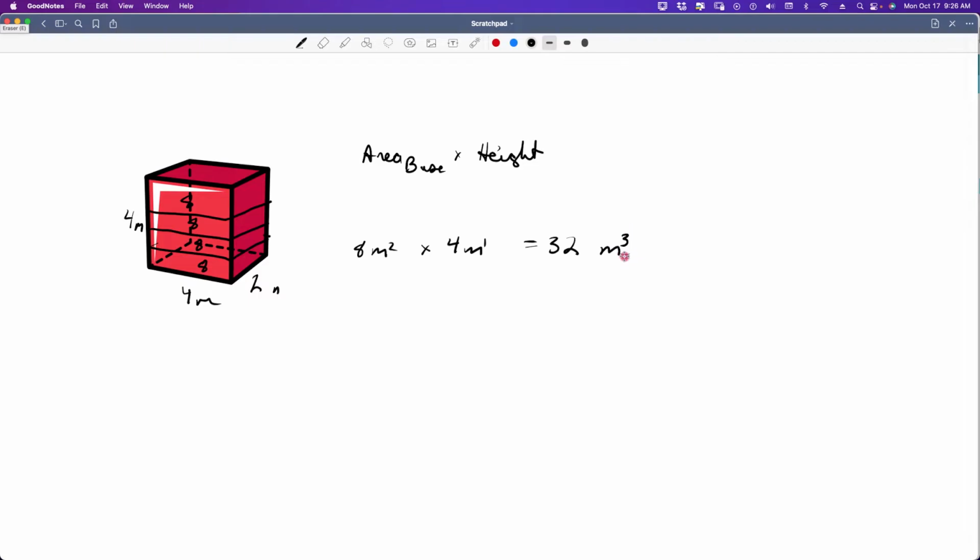And if you don't have the exponent of 3 on your unit of measure, it is not volume. I don't know that it's volume without this. It's just some number hanging out in space. I have to have the unit of measure with the appropriate exponent to know that this is volume.